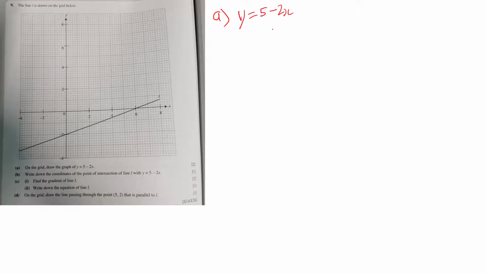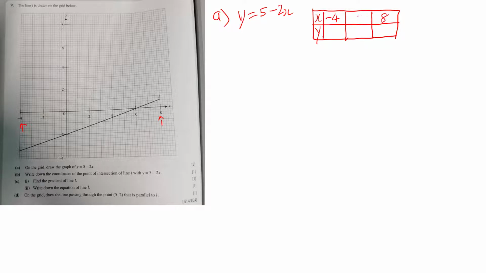What I like to pick are the smallest number and the largest number. So let me just draw a table, x, y, -4 and 8.